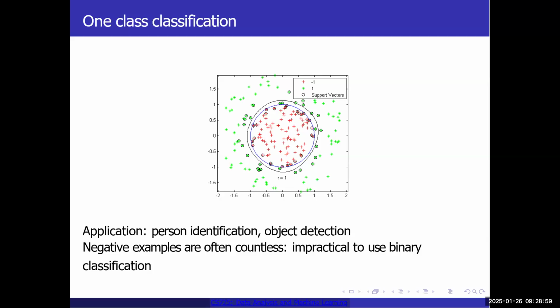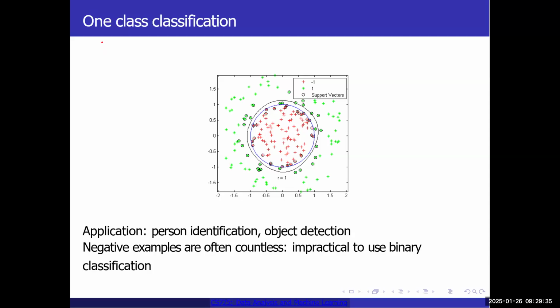In one class classification, you have one class and your answer would be yes or no, right? So one class classification is often seen in detection, like object detection or pedestrian detection. You want to detect a person, like you give the image and you ask if this picture is a person or not.